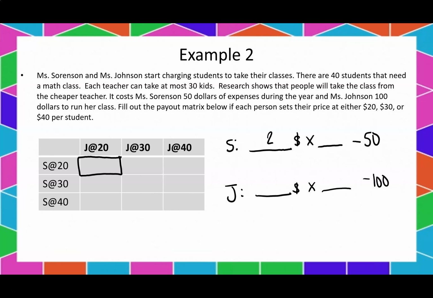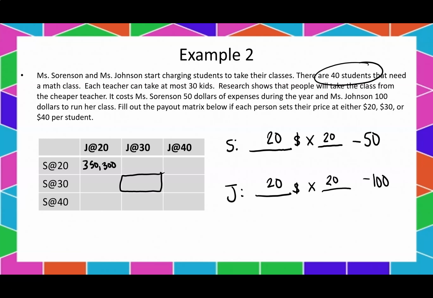There are 40 students, and since we've got the same price, we're going to have 20 students in both of our classes. So there we're going to have 350 for Sorensen, just doing that math, and then 300 for Ms. Johnson.